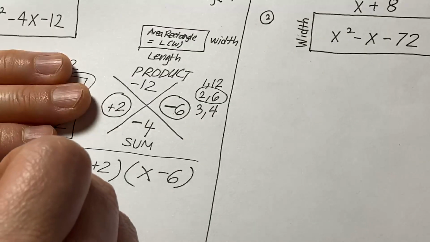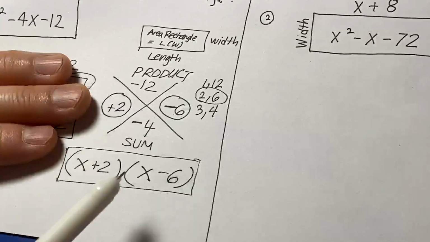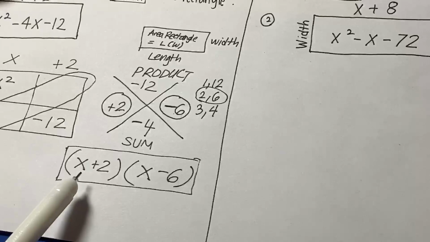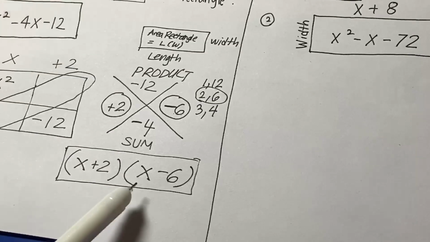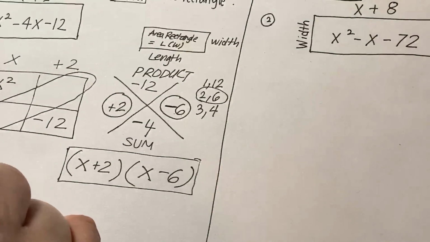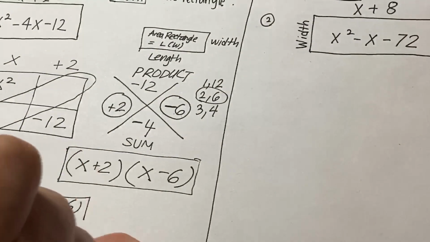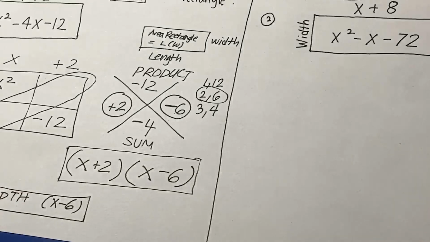So these two factors multiply to give us this quadratic. But what do you know? That was our length. So what is our width? Our width is x minus 6. So we have solved the problem.